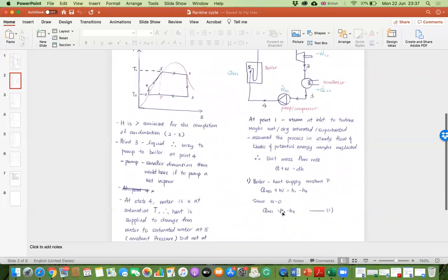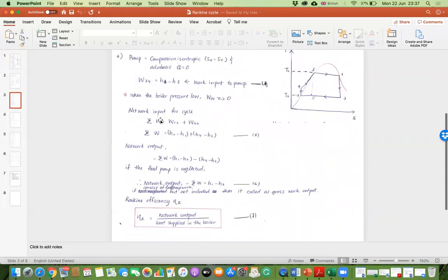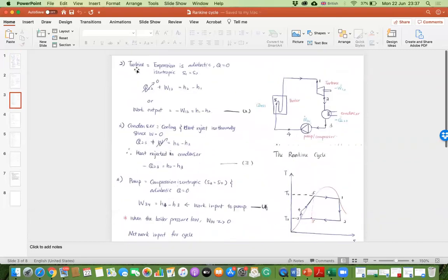So we have this equation. For the turbine, expansion is adiabatic, so Q equals 0. Therefore we have the work at the turbine, H2 minus H1. And remember that the entropy for the turbine is the same for the inlet and outlet.